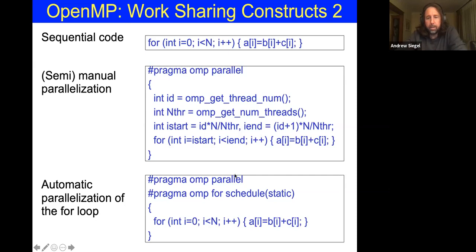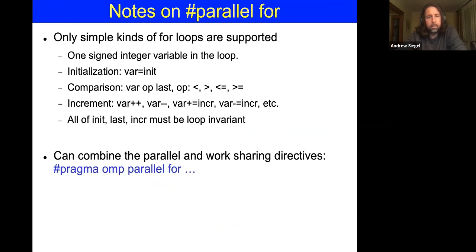Okay, notice that the integer is defined in here, so it's already local. N is presumably defined on the outside, so it's global, that's fine. A, B, and C are presumably declared on the outside, they're global, that's fine. So this works beautifully, okay? So that parallel for, which is going to be the bread and butter of your assignment for the n-body problem, has certain requirements for the type of loops it works for, and all of those will be met in the n-body problem.